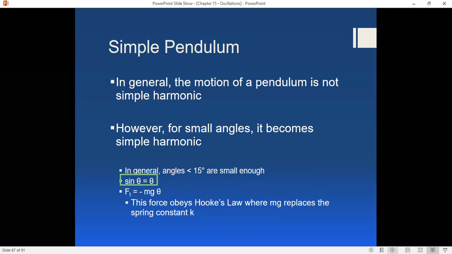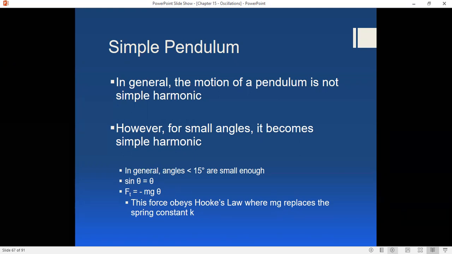They also have this sine function in them. And for very, very small angles, we can make an approximation. We can replace sine of theta with just theta, okay? Keep everything in radians. But essentially, if you look at sine theta, for angles that are, again, less than 15 degrees, less than 10 degrees, sine theta approximately equals theta.